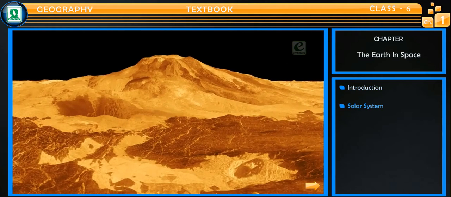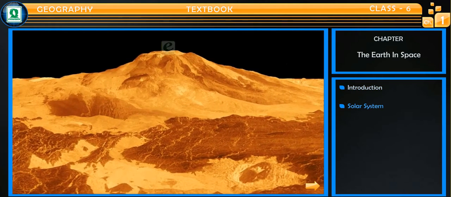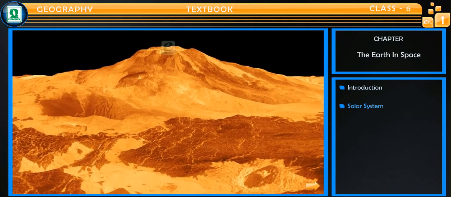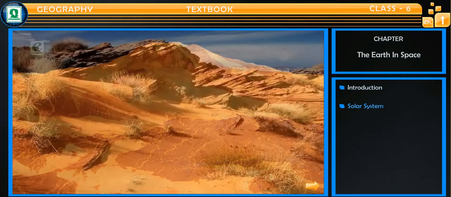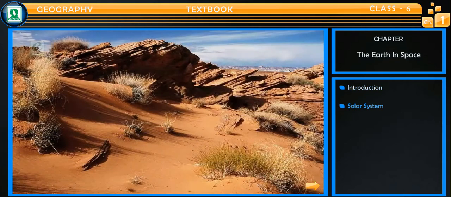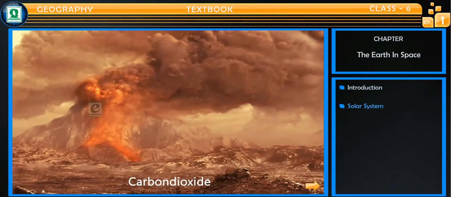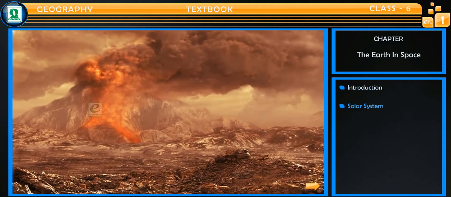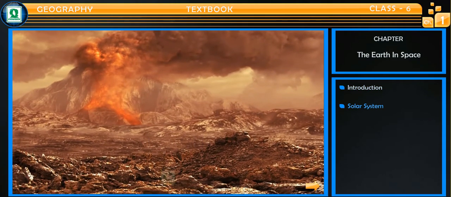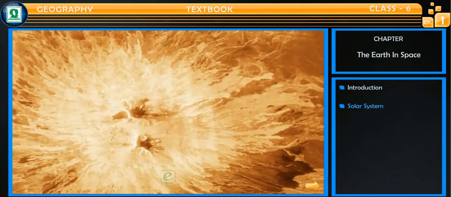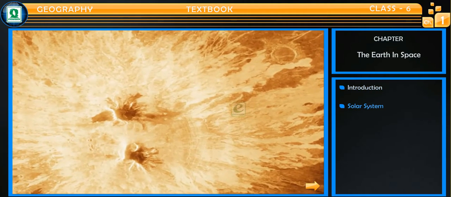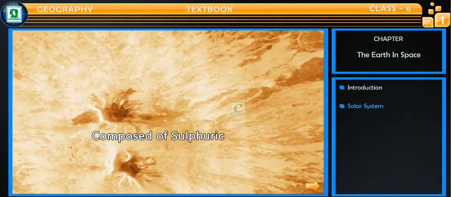Venus is a deadly world where the surface temperature is hot enough to cook a meal in mere minutes, and with the atmosphere which contains mostly carbon dioxide, no living thing would ever be able to survive on Venus. There are several layers of clouds composed of sulfuric acid.